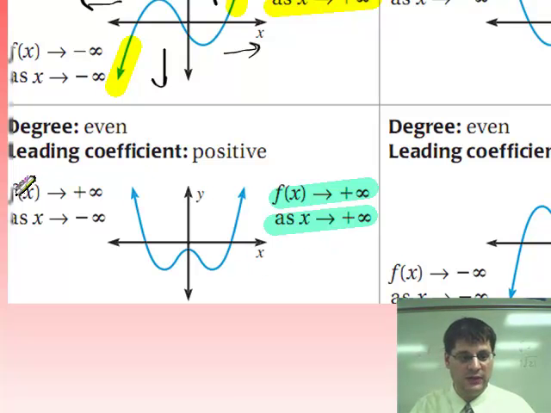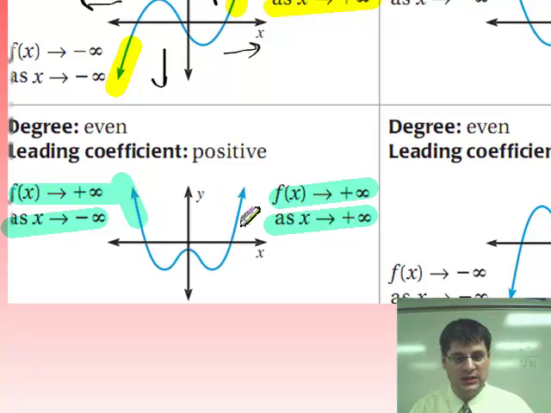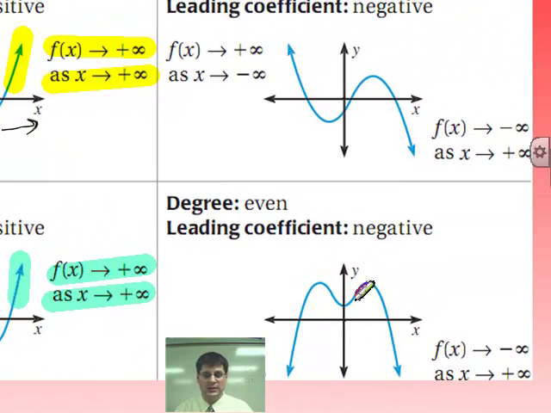And then on the left end behavior, f of x approaches positive infinity as x approaches negative infinity. So as it's going to the left, it's going up, and as it's going to the right, it's also going up. And then if the degree is even but it's negative, it's going to open down.